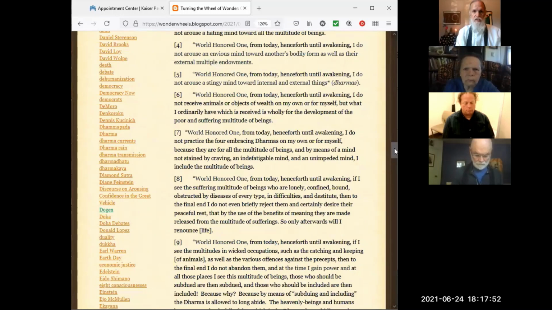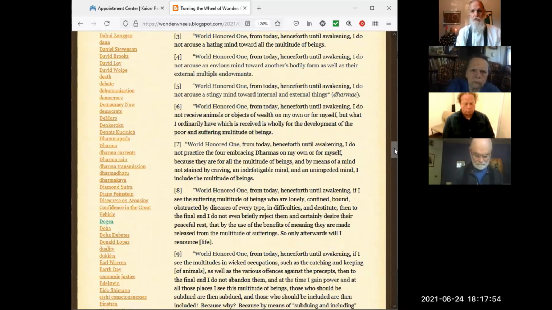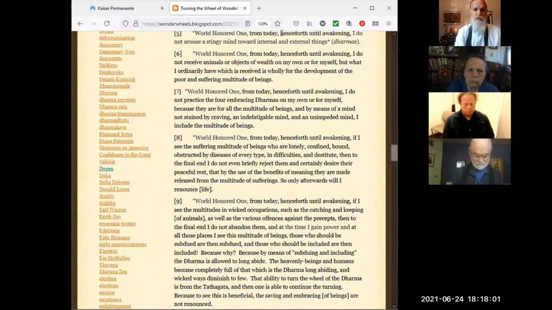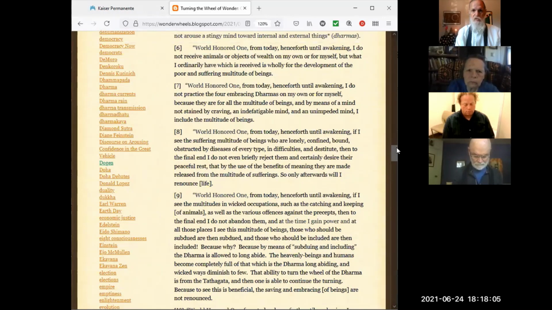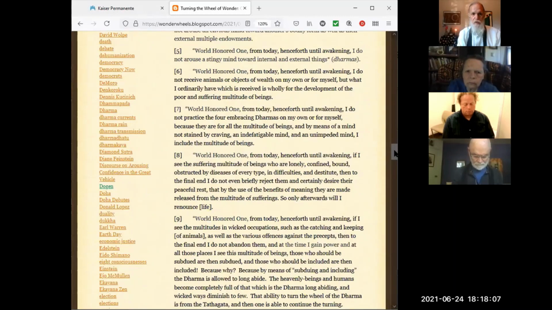Endowments is again the mental or character possessions of one's character or physical possessions. And then not having a stingy mind towards the internal and external dharmas, things, sharing the dharma.